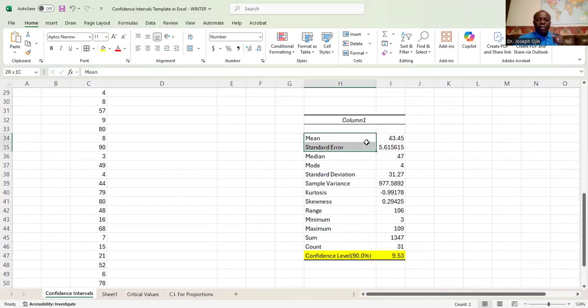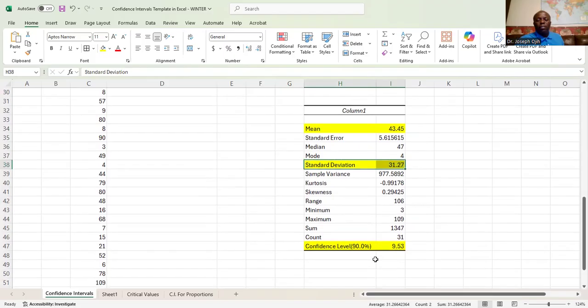You have your mean, you have your standard deviation. But the most important thing is that you have your mean and the critical value.